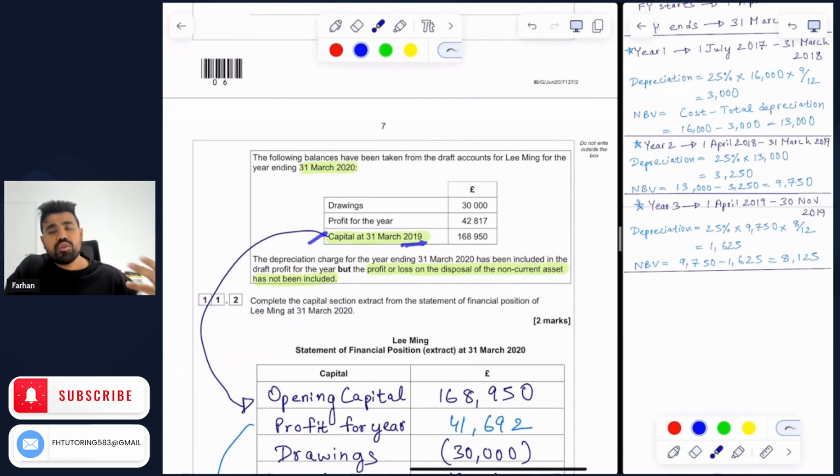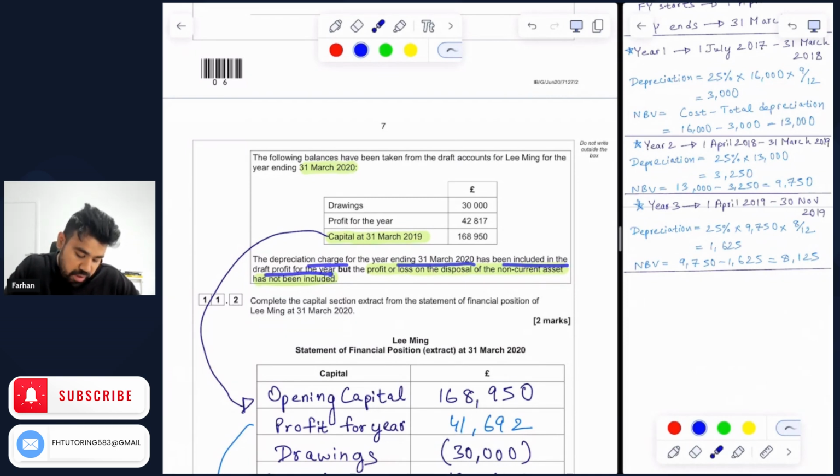So capital at 31 March 2019 would simply mean that this is the opening capital at 1 April 2019 if we are doing all the calculations for the financial year ending 31 March 2020 as per the requirement of the question. We also have some extra information here. The depreciation charge for the year ending 31 March 2020 has been included in the draft profit for the year. However, the profit or loss on the disposal of the non-current asset has not been included.